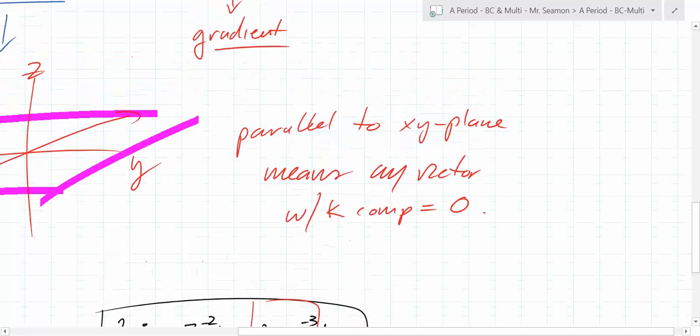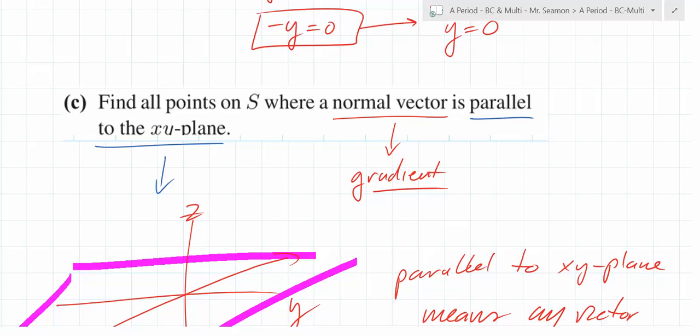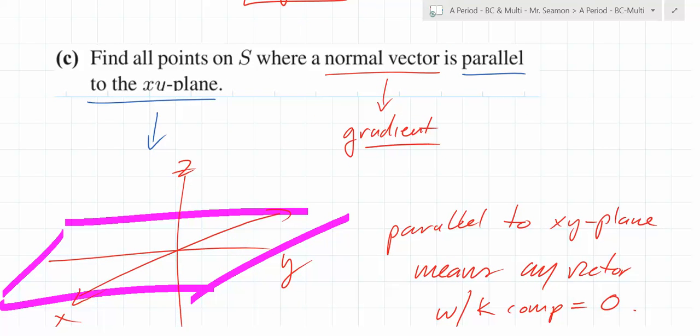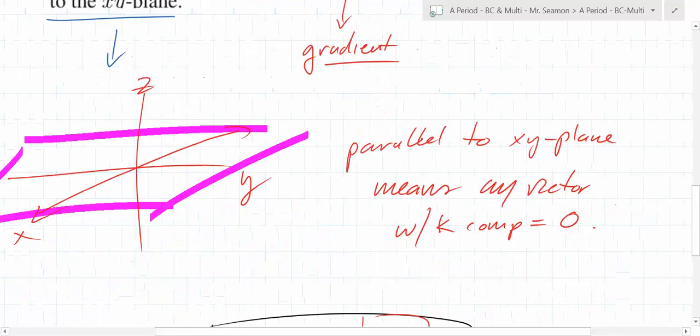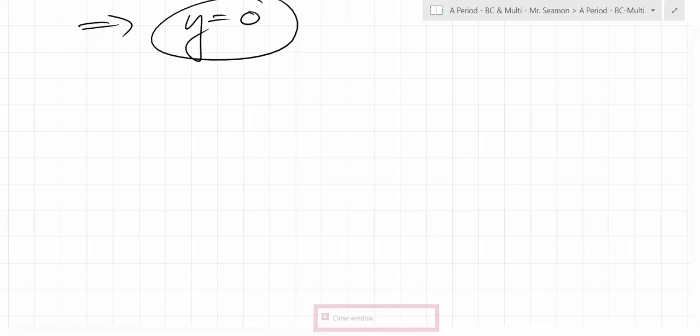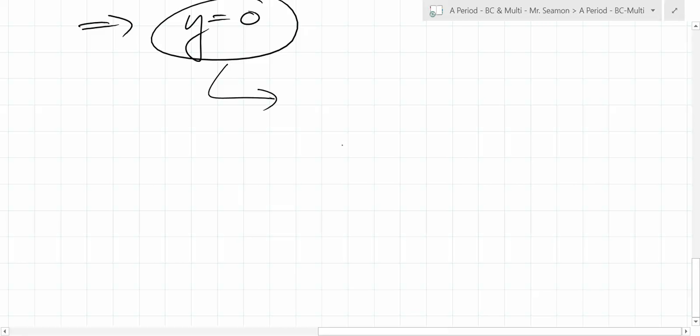The question asked, find all points on S where the normal vector is parallel to the xy plane. So it's the entire, well, y equals 0 is what plane? The xz plane, right here. So y equals 0. What set of points is defined by y equals 0? The xz plane.